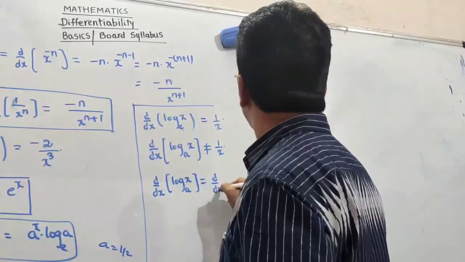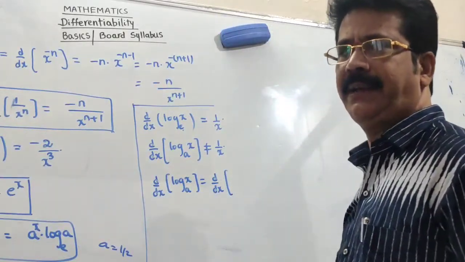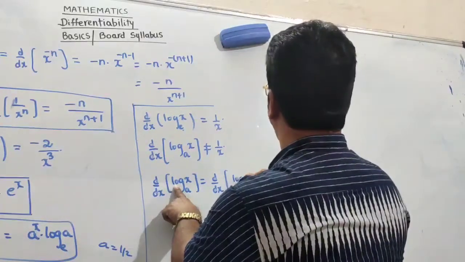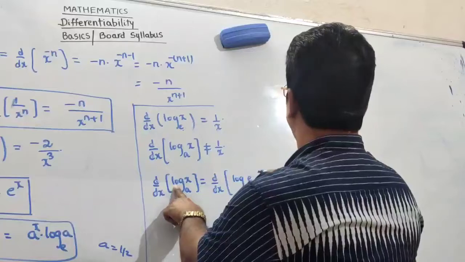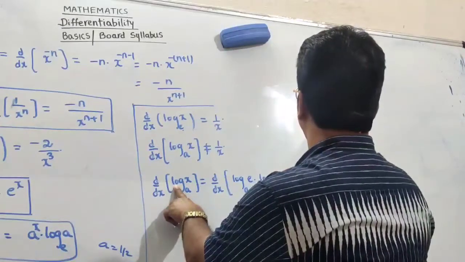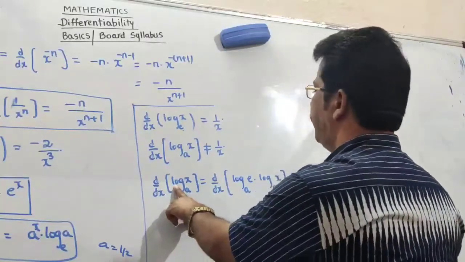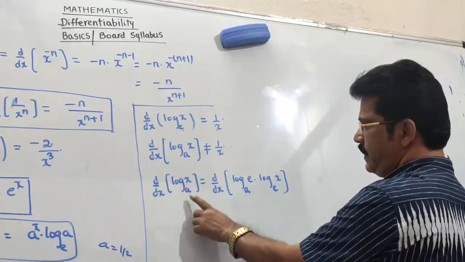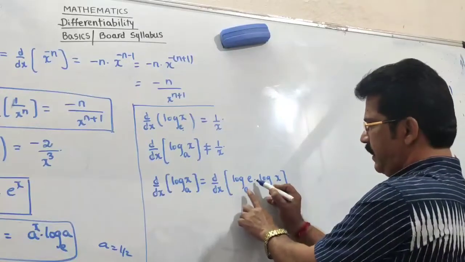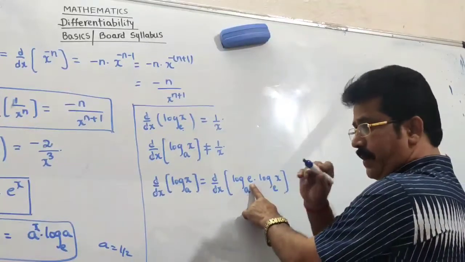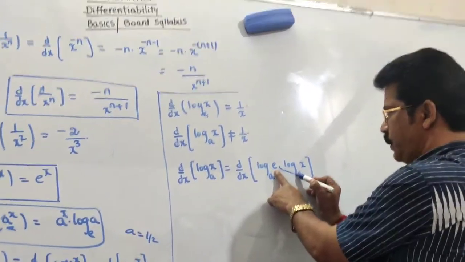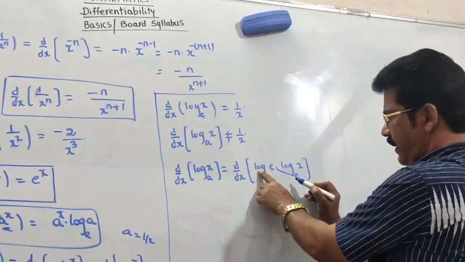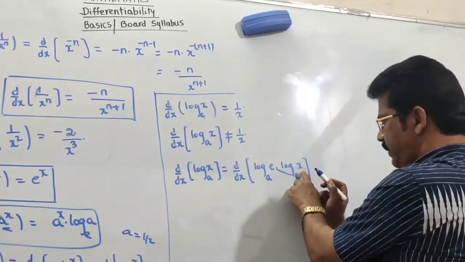Actually d by dx is also an operator, just like limit x tends to a. Log x to the base a can be written according to the laws of logarithms. I put the same base, later I introduce e. So log x base a can be written as log e base a into log x base e.